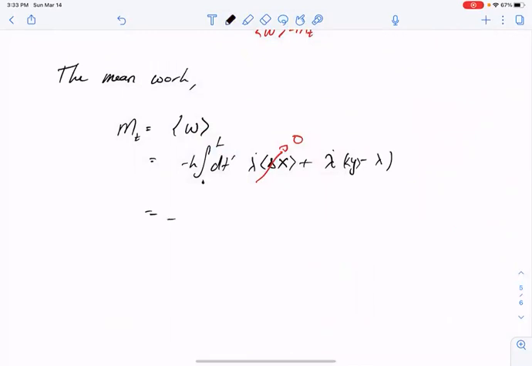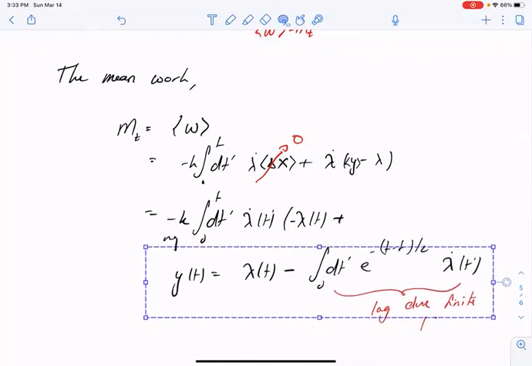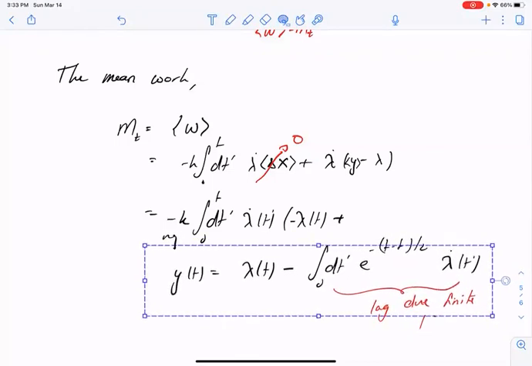So the mean value of the work is minus kappa, integral from 0 to t, t prime, lambda dot of t prime, and now lambda of t, the minus sign, plus y, which is all of this.